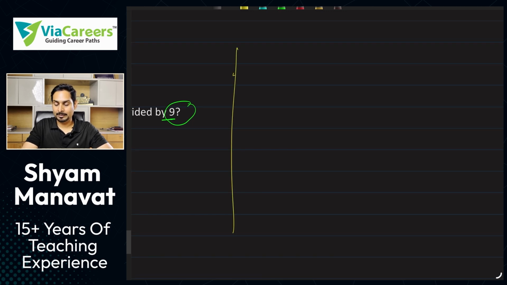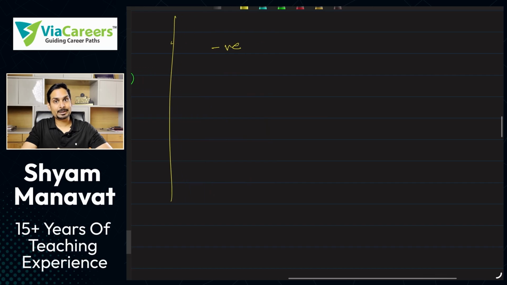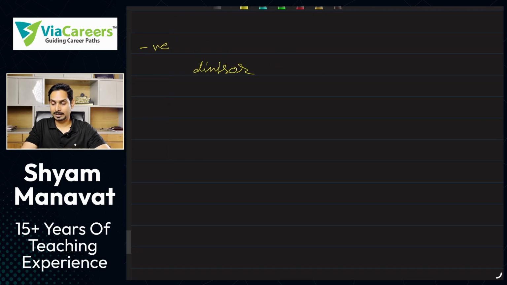remainder which is a negative remainder. Okay, let me explain the negative remainder first and then we'll go on to the question. Any number, let's say I divide a number by 6, the divisor, pay attention, otherwise you may get confused later.